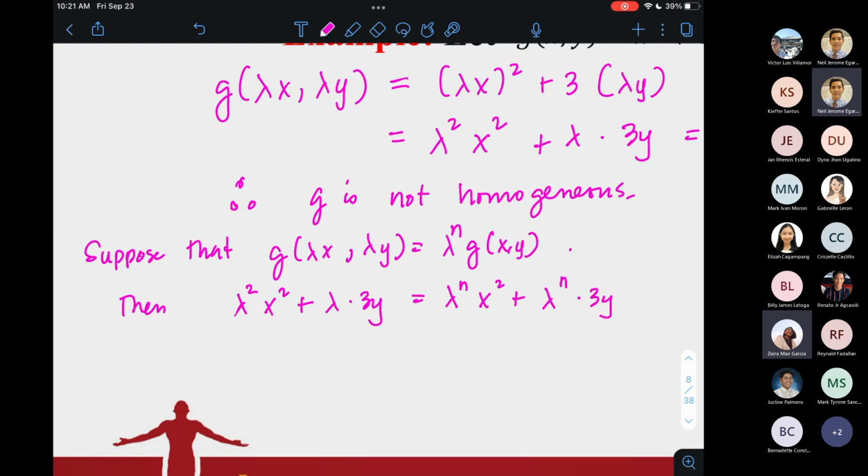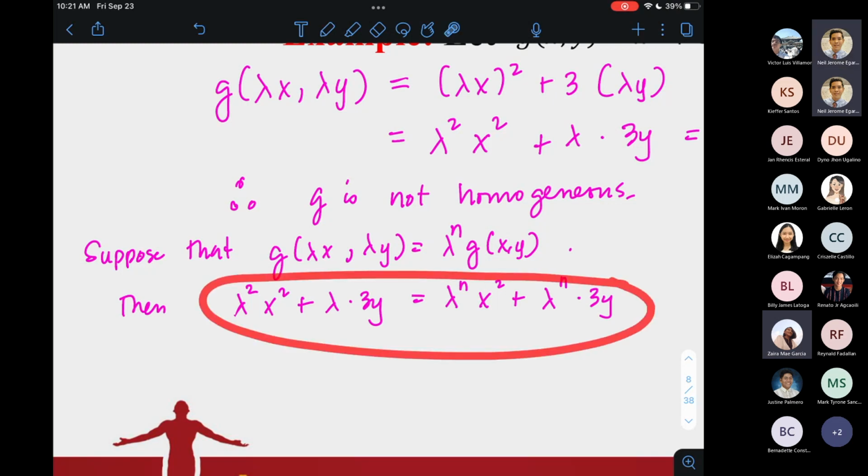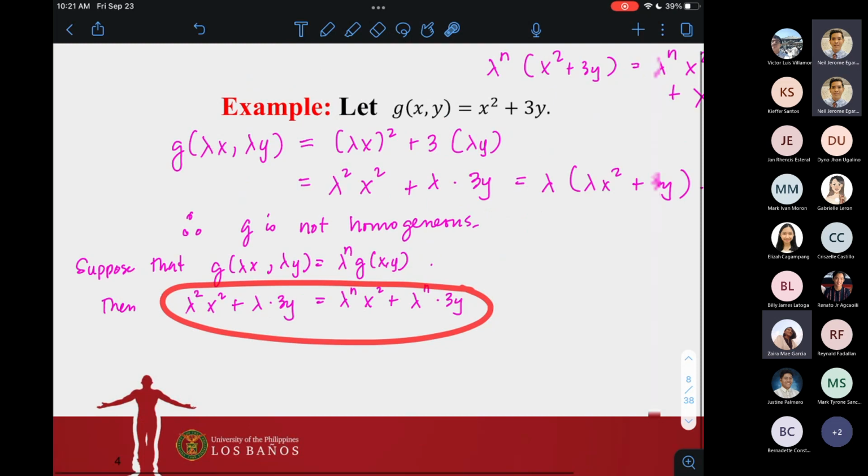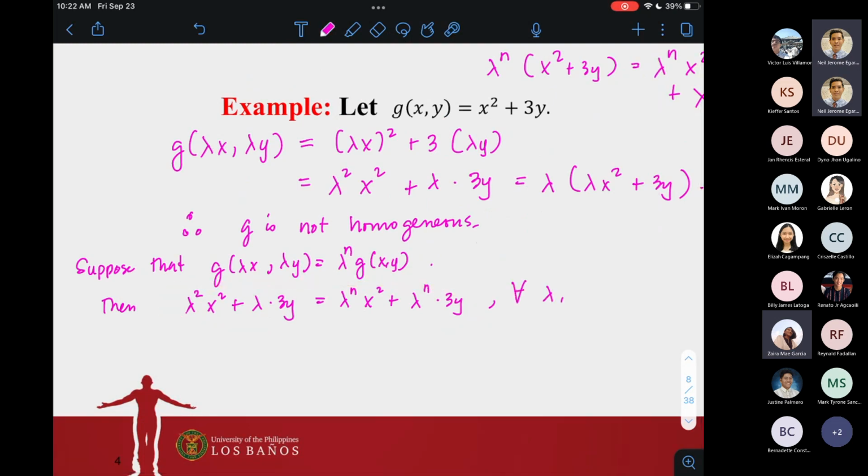All right? So if it's homogeneous, this equation should be true for all lambda, x, y in R. It should be true for all lambda, for all x, for all y.